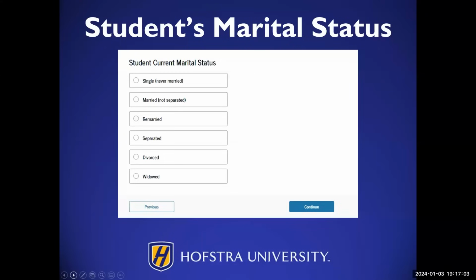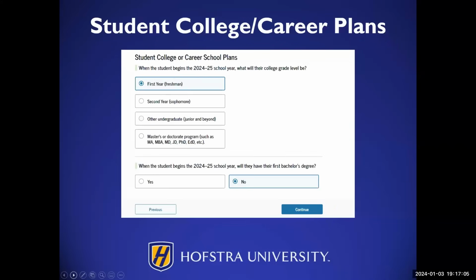So for instance, if the student indicates single and presses continue, it will then ask for the student's college and career plans. If your student will be a freshman in the fall of 2024, when the student begins the 24-25 school year, their college grade level will be first year freshman.